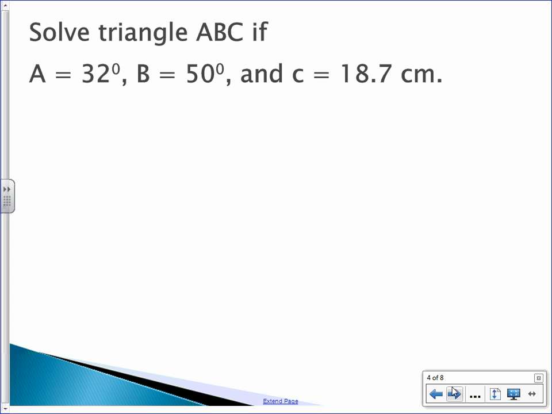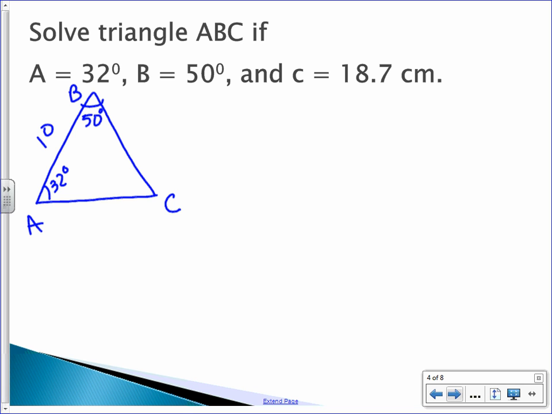So what should you do? You should draw one. Angle A is 32 degrees, angle B is 50 degrees, and side C is 18.7 centimeters. We have angle, side, angle, so we know we can use the law of sines.